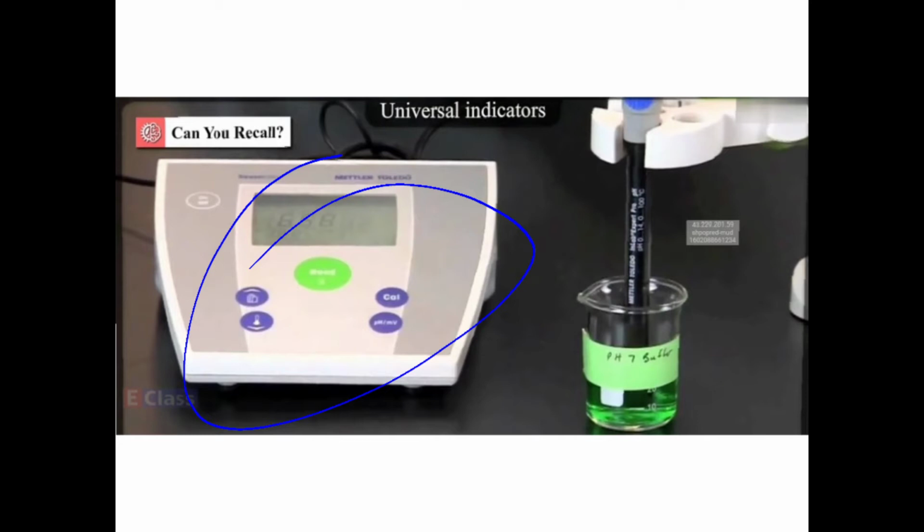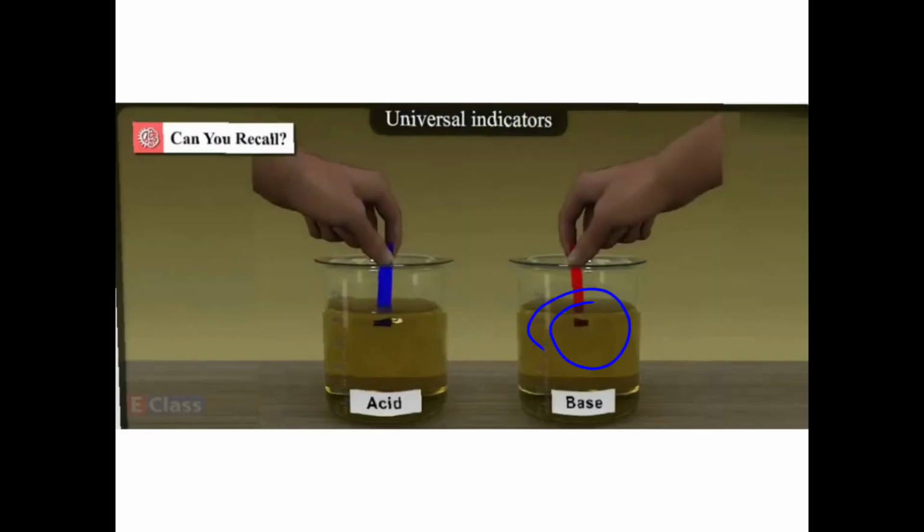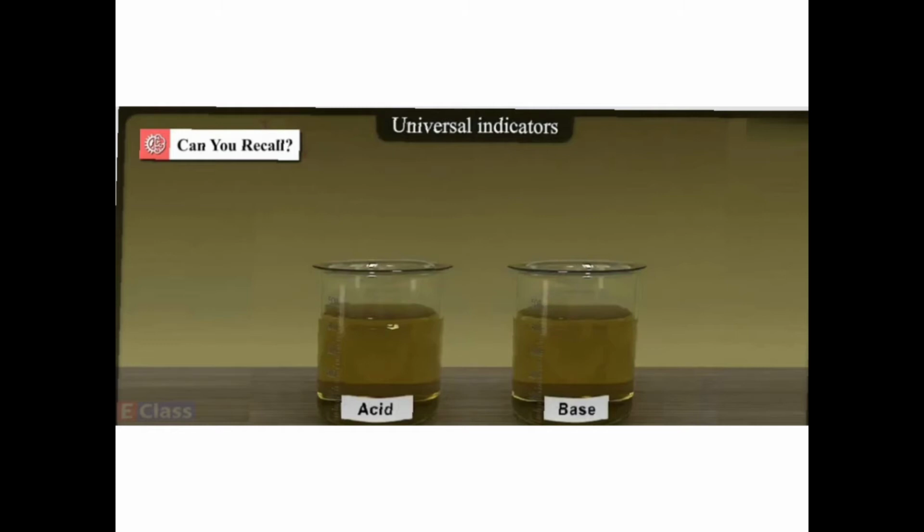So if you want to measure accurately, this is the thing you use. But whenever we do the experiment in school, we will be using the universal indicator. This universal indicator gives you varieties of colors. Right from 0 to 14, varieties of colors are there, and that is all indicated by this.